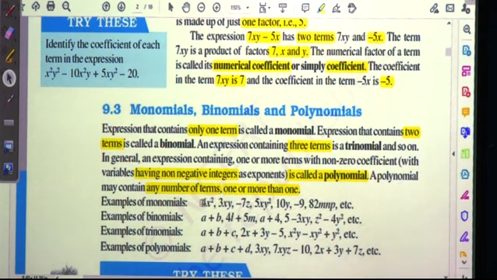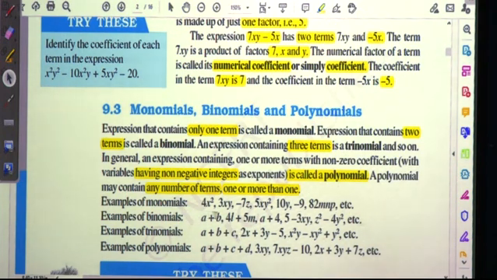In 4x square the coefficient is 4, in 3xy the coefficient is 3, in minus 7z, minus 7 is the coefficient, in 5xy square, 5 is the coefficient, in 10y, 10 is the coefficient, minus 9 itself, and in 82mnp, 82 is the coefficient, etc.